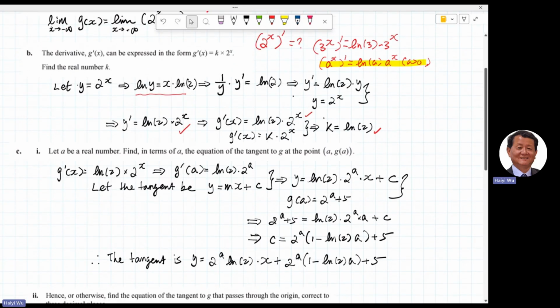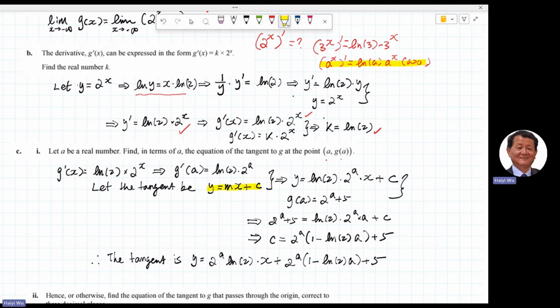Question C. If I have a real number a, find in terms of a the equation of the tangent to g at the point (a, g(a)). We don't know what a is. Let me set up the tangent as mx plus c.